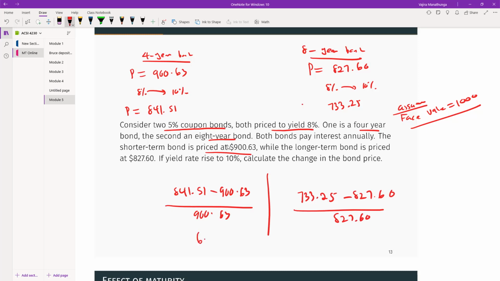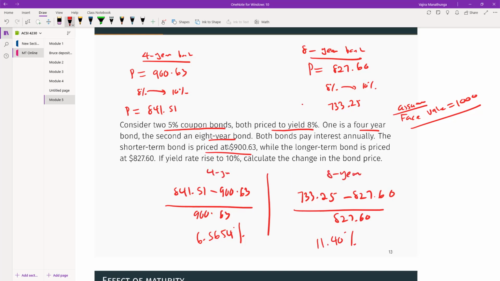So this would be 6.5654. And then the other one, 11.40. Okay. So this is 8 year.